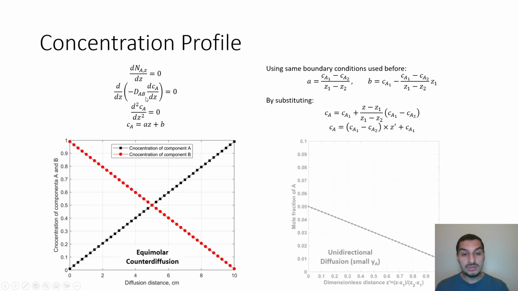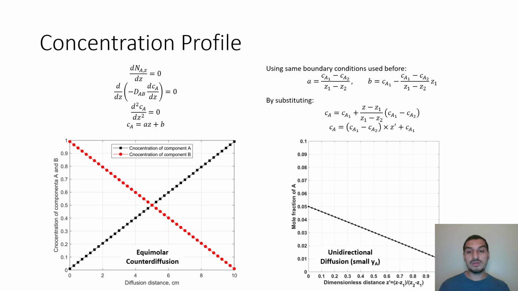So if we try to use the unidirectional equation for YA equals 0.05, which is much smaller than 1, then this is the profile, which is a linear profile with distance. So the linear profile is valid for YA a very small number, and is valid for equimolar counter diffusion. So this is all for this video.